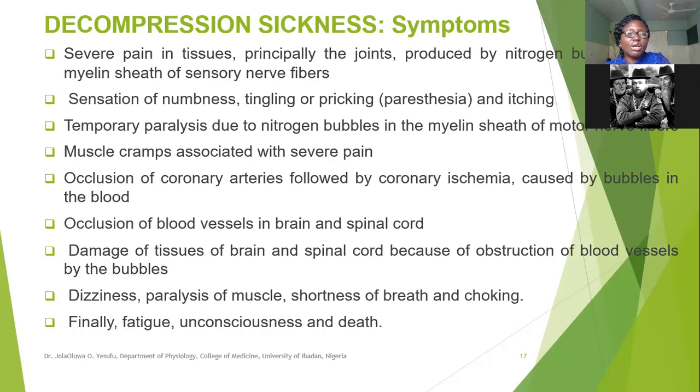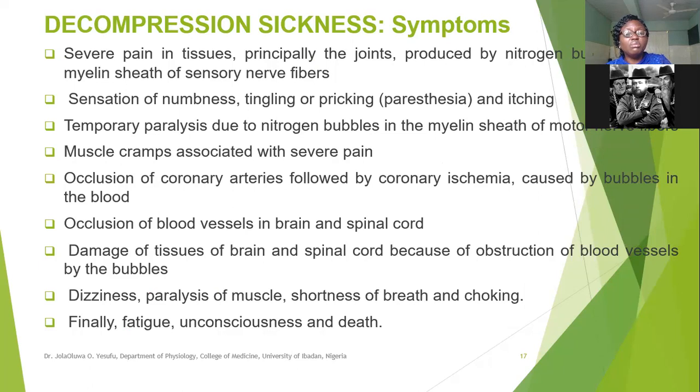Now, the symptoms are very much the same, they're similar. Okay, you have severe pain in the tissues, especially the joints. Numbness is there, tingling or pricking. It's called paresthesia, itching, paralysis, muscle cramps, coronary arteries. Remember that coronary arteries feed the heart with blood, and the brain as well.